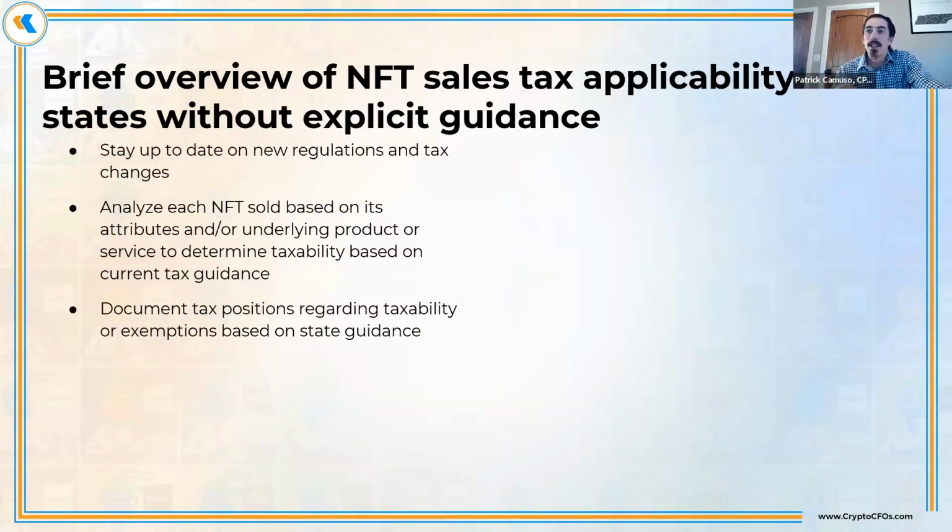And then it's key to document your tax positions regarding taxability or exemptions and base this off of state guidance. The documentation is key. Obviously, it's hard to get clients to be proactive in their taxes and in their documentation a lot of times, just at a basic level when it comes to crypto accounting and taxes. Now, this is going to add a whole new element that we're going to want to be proactive about staying on top of.